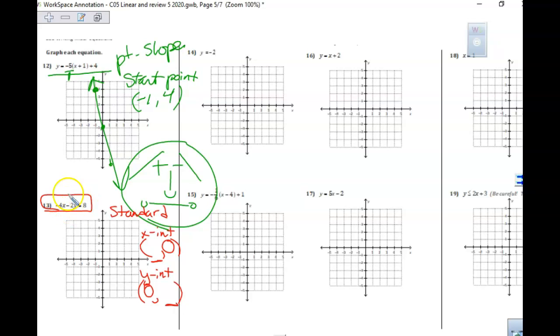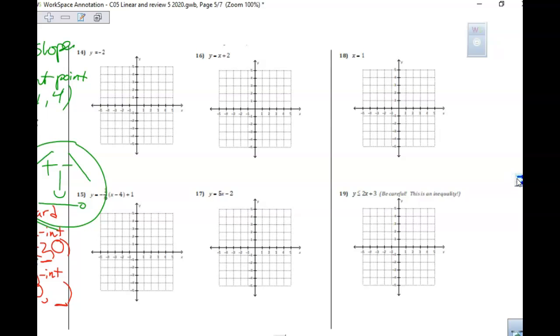Oh, if I replace y with 0, this is negative 4x equals 8. I divide both sides by negative 4 and get x equals negative 2. That means over here, I have a point at negative 2, 0. And then you'd want to graph the y-intercept also. You only need 2 points to graph a line, but a lot of times we use more. Okay?